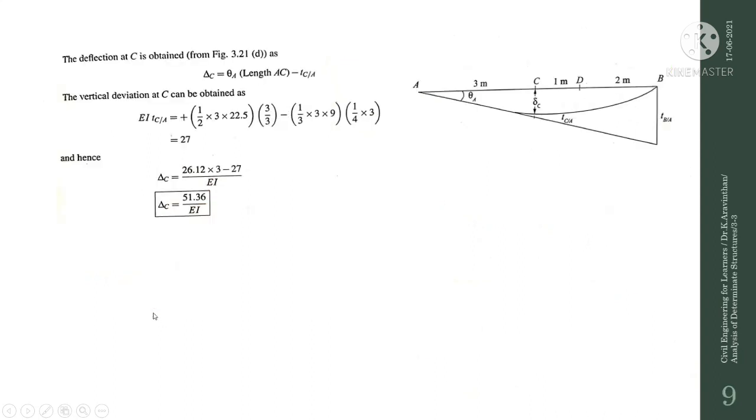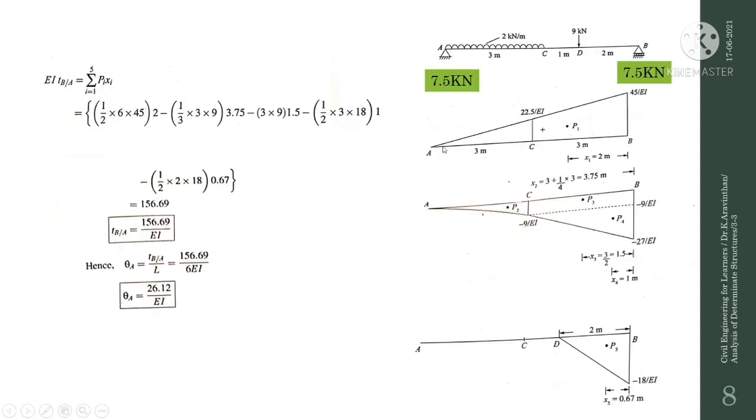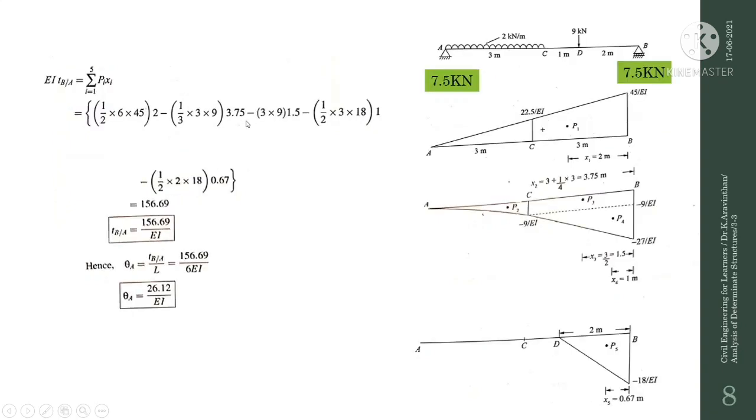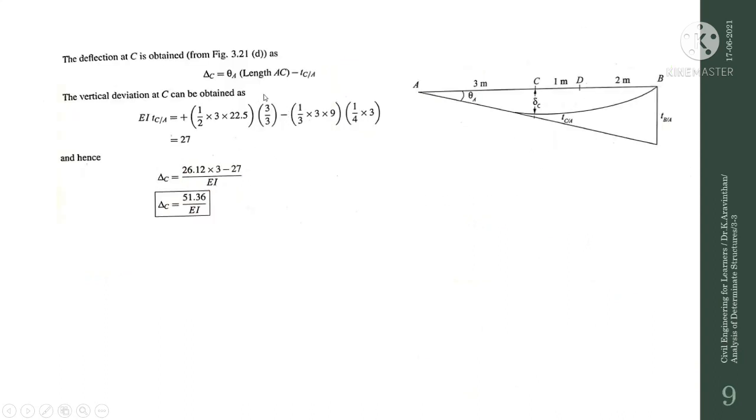So we have got theta A here, and how do we find the remaining delta C? You have to find the small distance, that is TCA, by considering the area. So what is the area from A to C? First you have half into 3 into 22.5, into the centroid, which will be 1/3 of base, so 3 by 3, and it is written here.